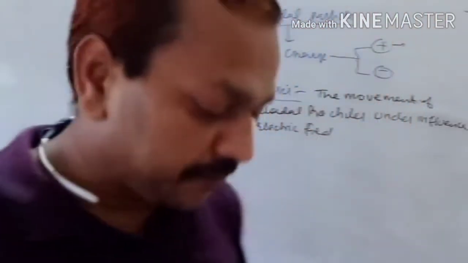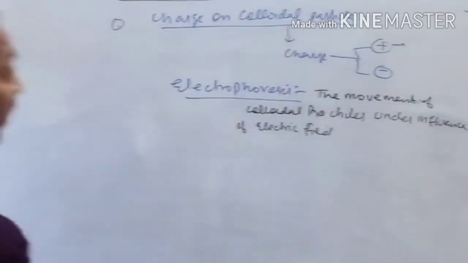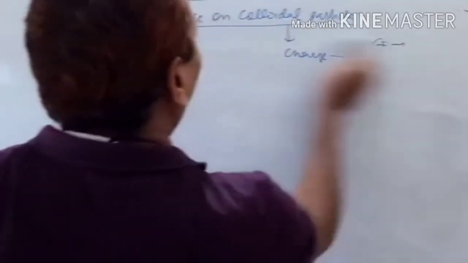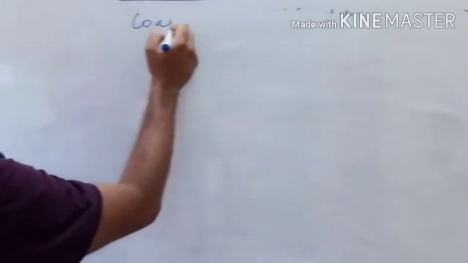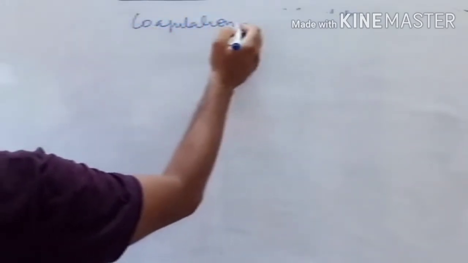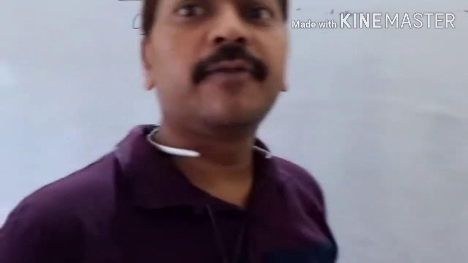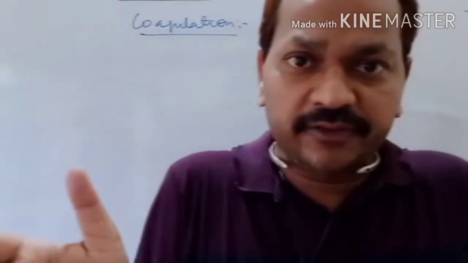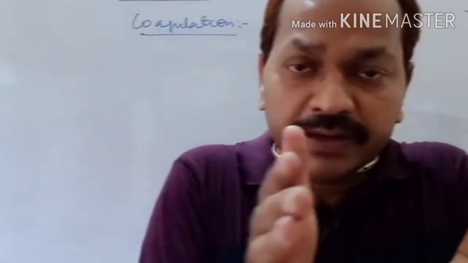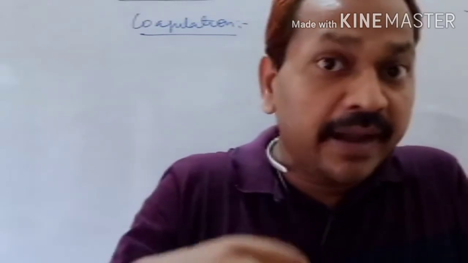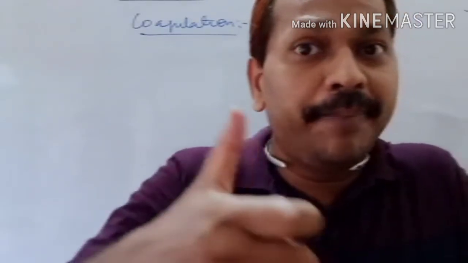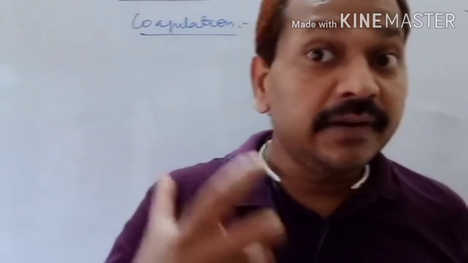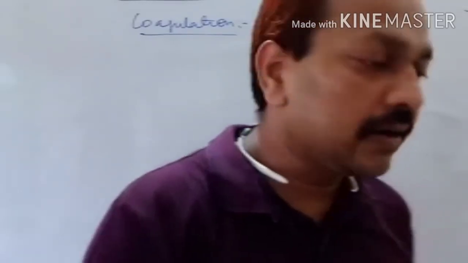Now the next point is the last property of this topic, that is coagulation, children. What is coagulation? It is the process by which small colloidal particles lose their charge and combine together to form big size particles which ultimately settle down.